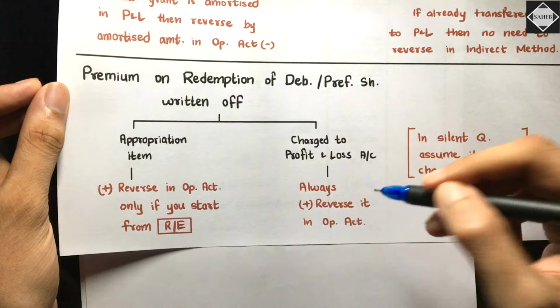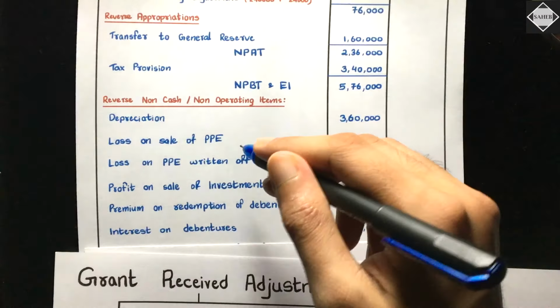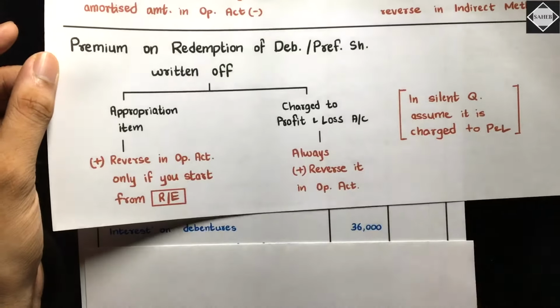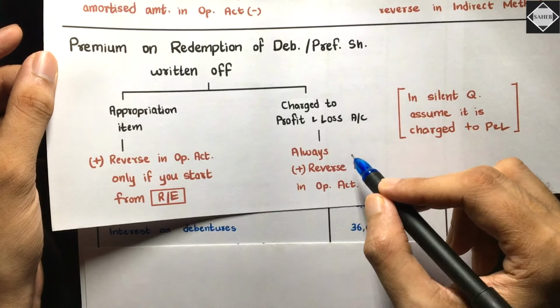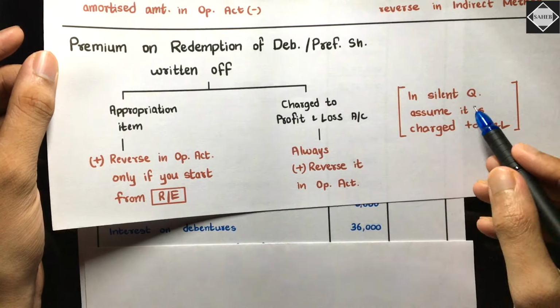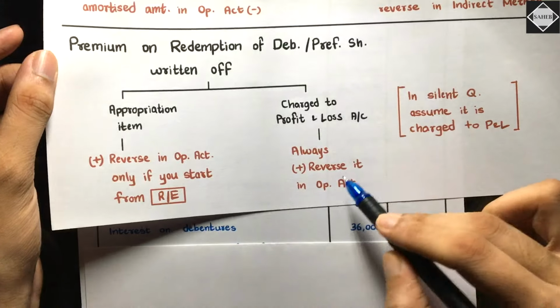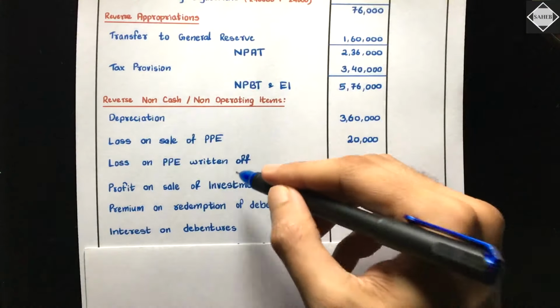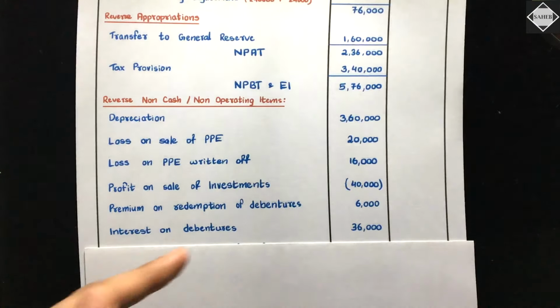If that happens, then we always have to reverse it over here. In non-cash, non-operating, always we have to reverse it. And this is what we always assume because ICAI does that. In a silent question, always assume it is charged to P&L and add it over here and reverse it.